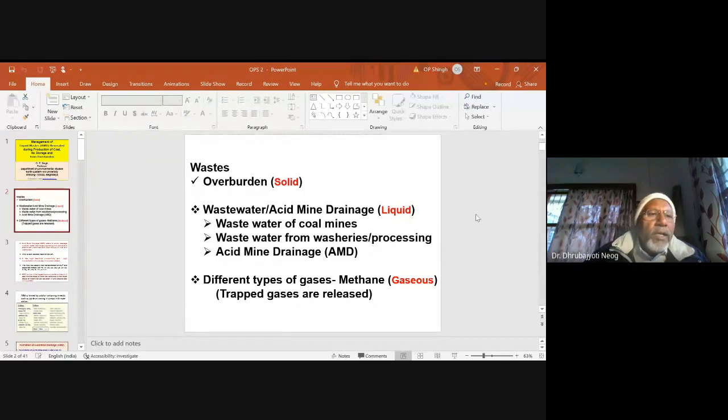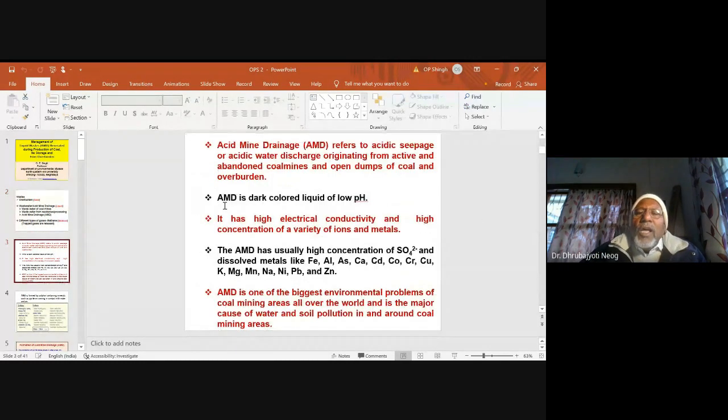And acid mine drainage actually refers to acidic seepage or acidic water discharge originating from active and abandoned mines, coal mines, and open dumps of coal and overburden. So this acid mine drainage is formed either in active mines where mining is going on, or in mines which are closed, or from the coal dumps, or from the overburden.